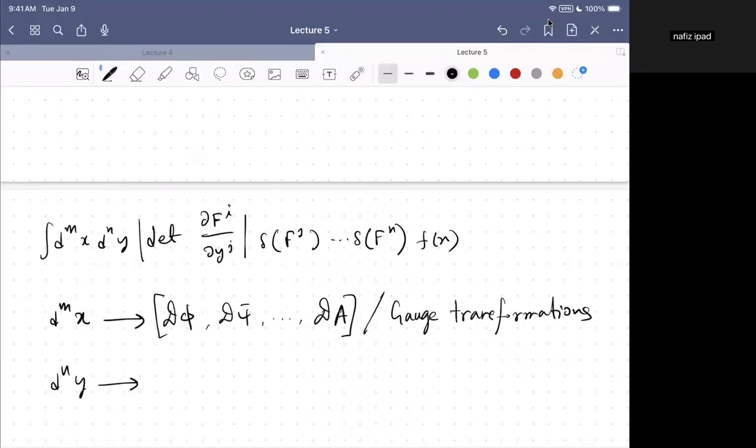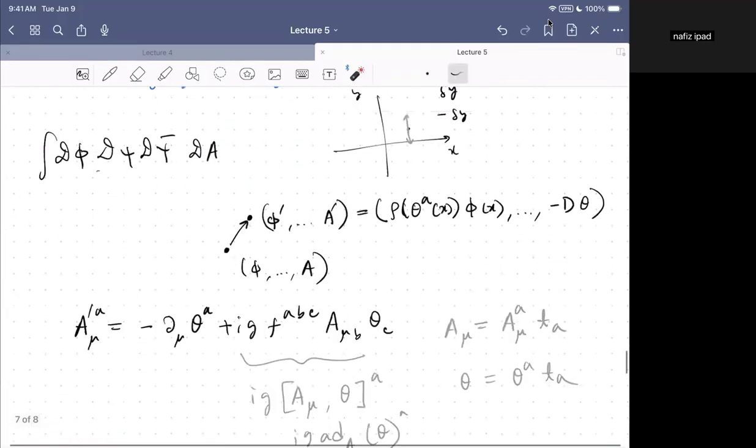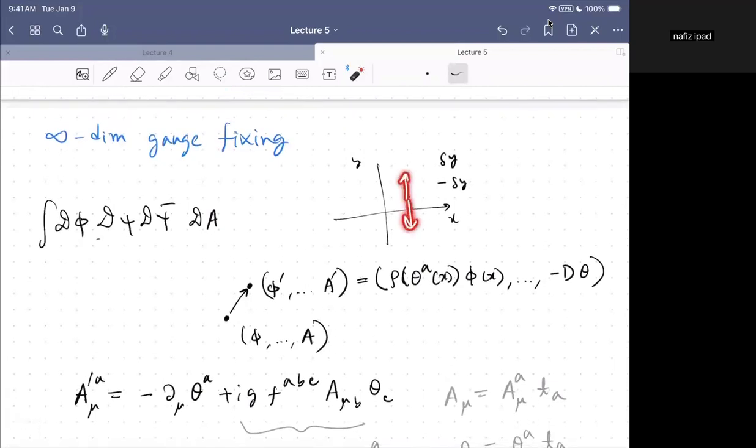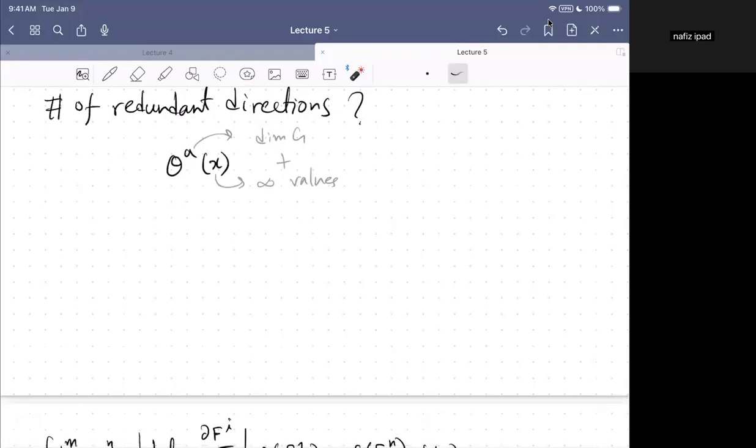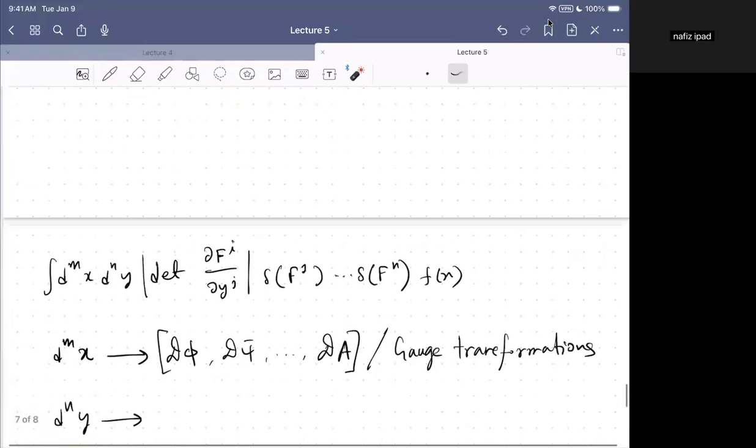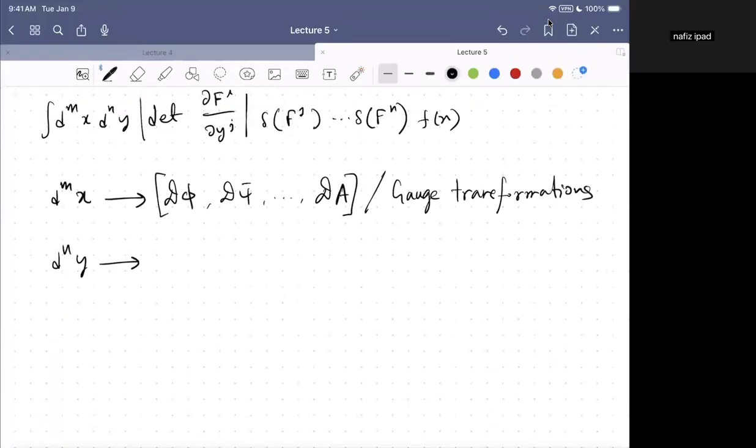This will be more interesting. So dy, in the finite dimensional case, means integrating over these redundant directions. And now we have established that the redundant directions are parameterized by these variables, right? So roughly speaking, locally these will look something like integrations over theta.